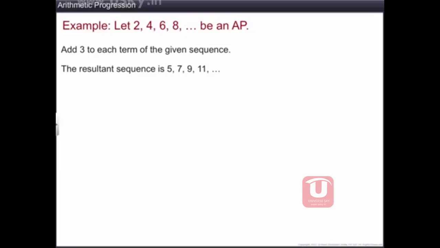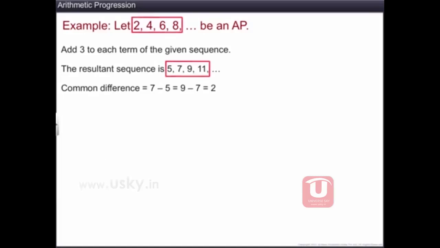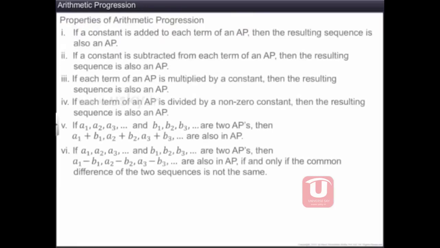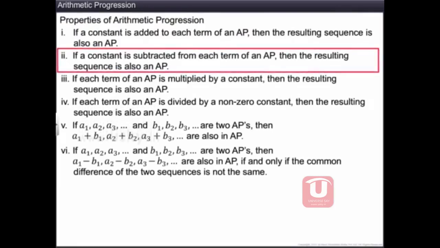Observe that the resultant sequence is also an arithmetic progression with the first term 5 and the common difference 2. That is, the common difference of the resultant series is equal to the common difference of the original series. Similarly, if a constant is subtracted from each term of an AP, the resulting sequence is also an AP.